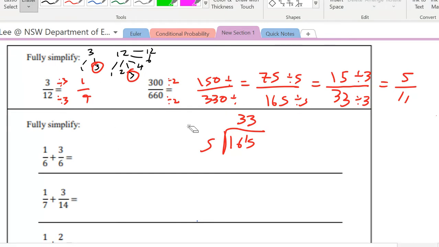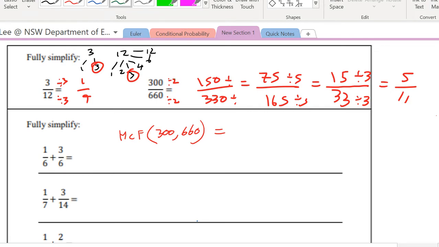So the highest common factor, if we wanted to divide by just one number, of 300 and 660, is going to be the product of our divisions. So we divided by 2, we divided by 2 again, then we divided by 5, and then we divided by 3.